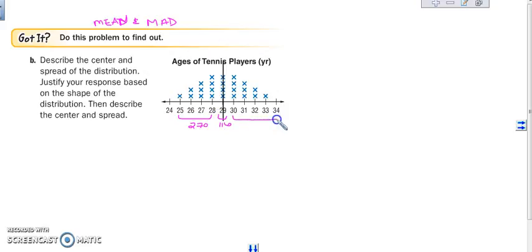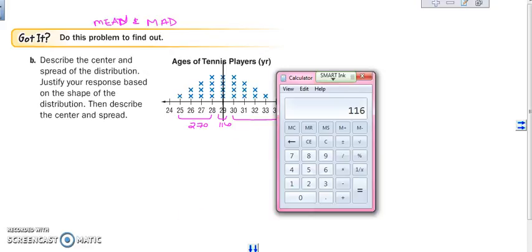And I'm going to add this side. Okay, so 34 four times. 31 three times. 32 two times. 33 once.